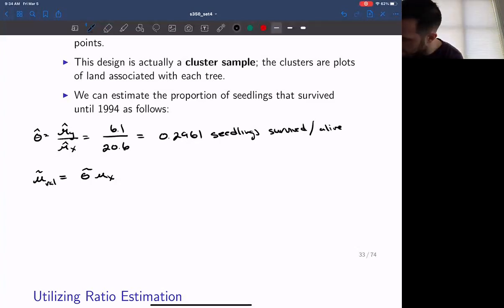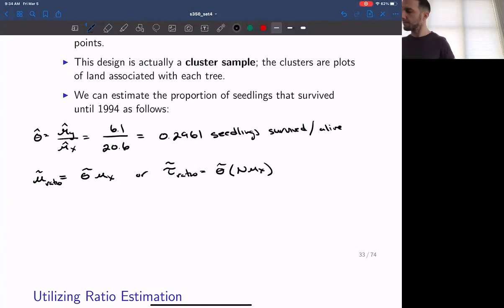Or we could do tau ratio is equal to theta tilde multiplied by n times mu x.